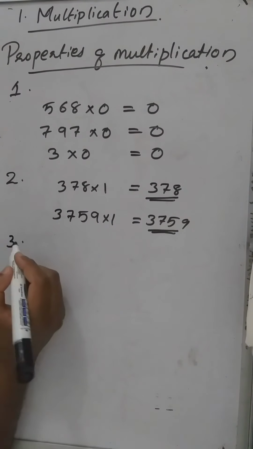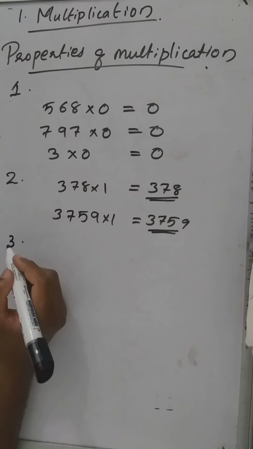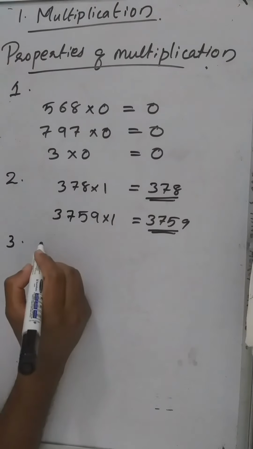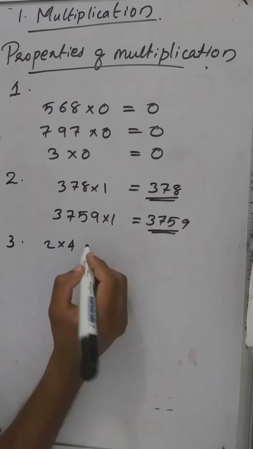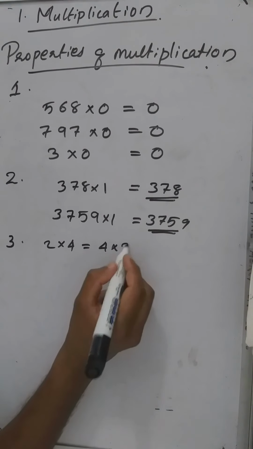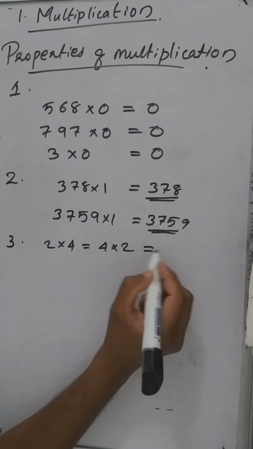Then the third property says a change in the order of the numbers to be multiplied does not affect the product. If you multiply 2 into 4, that is equal to 4 into 2, which is 8.